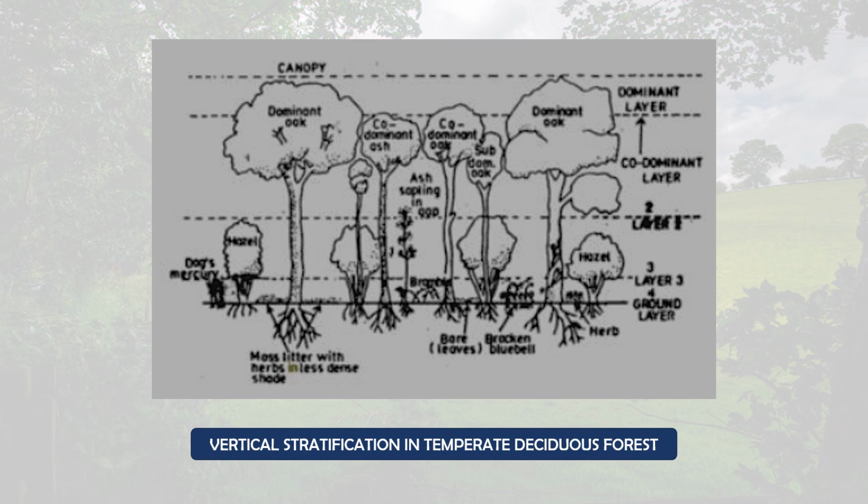And next is the floor substratum of the grassland community, which contains the basal portion of the vegetation, including the rhizomes of grass plants.